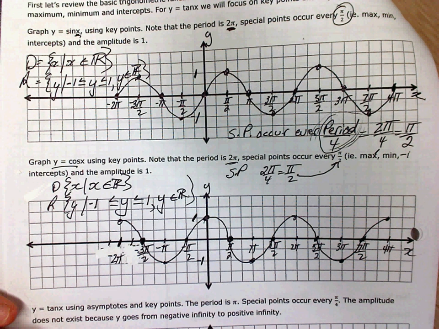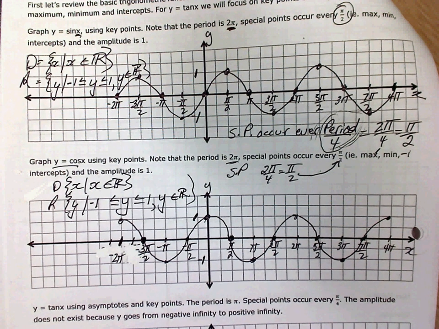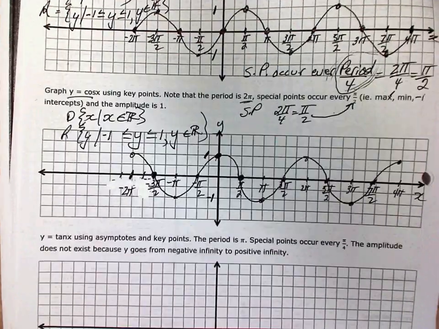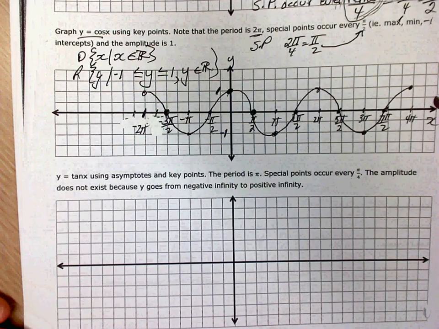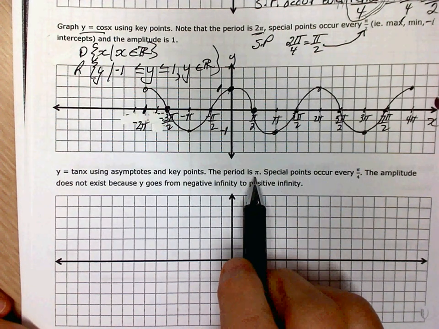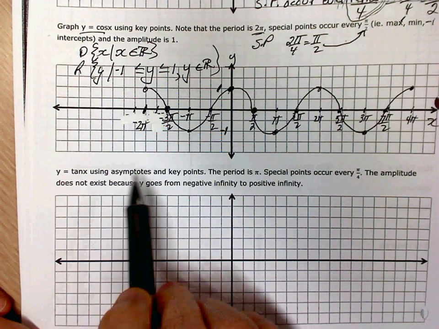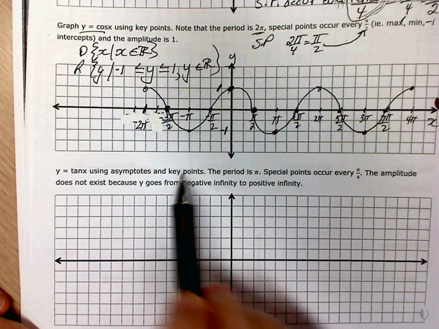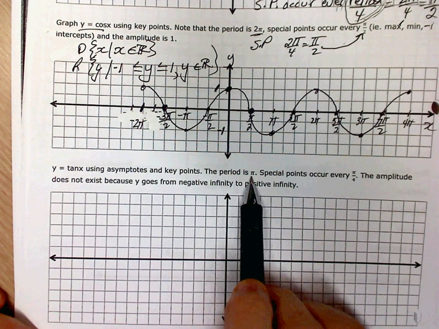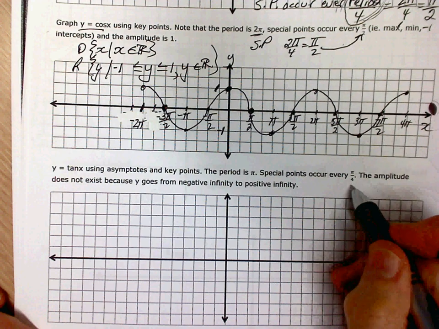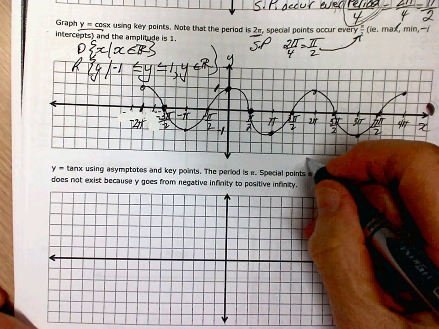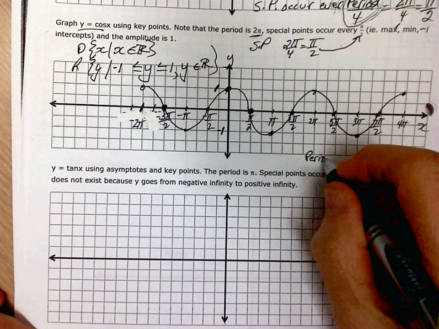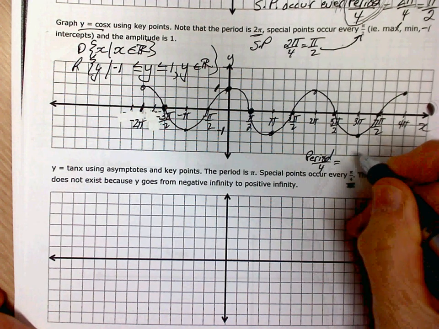No problem. Okay, so y equals tan x is a little bit more complicated. The period is pi, right? Y equals tan x. There are asymptotes and key points. The period is pi. Special points occur every pi by 4, which is the period divided by 4.